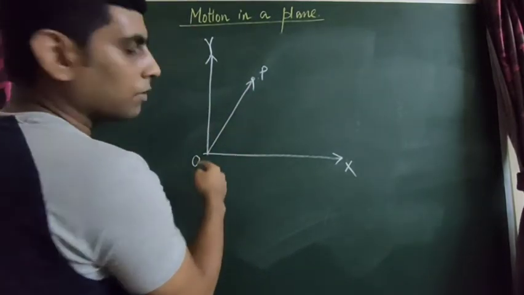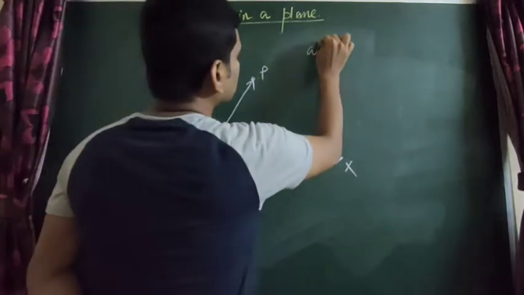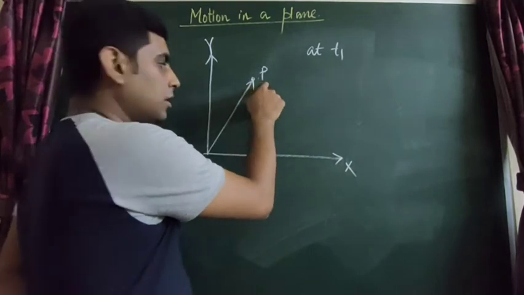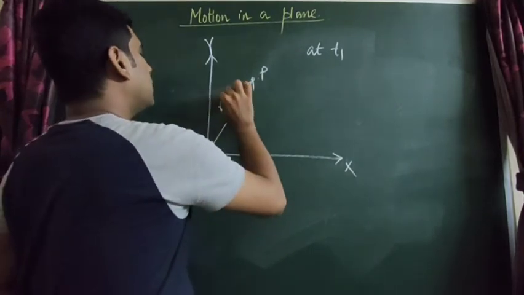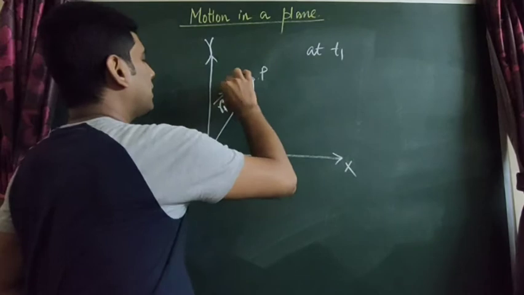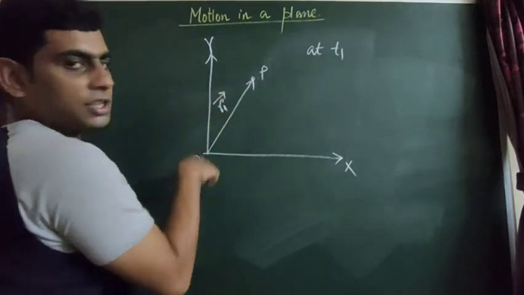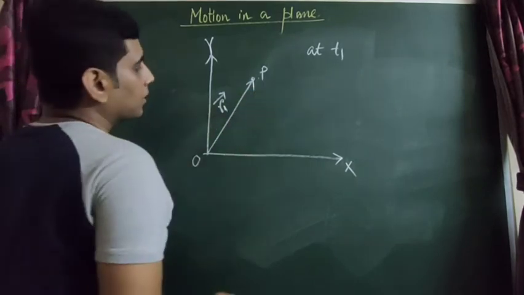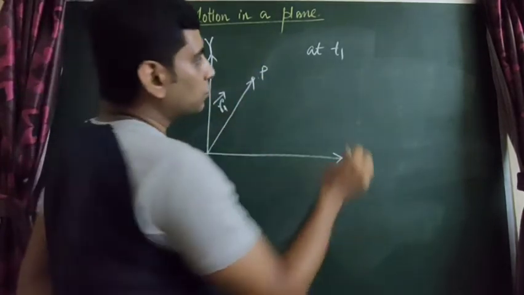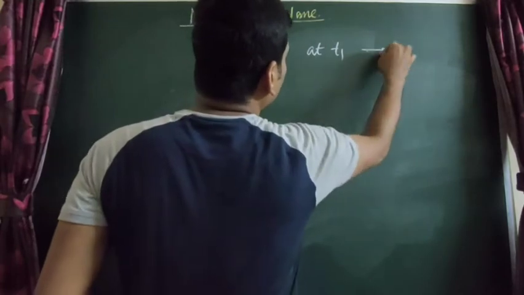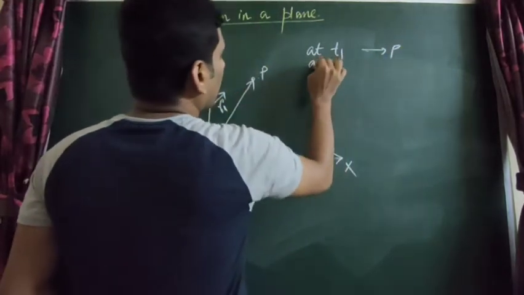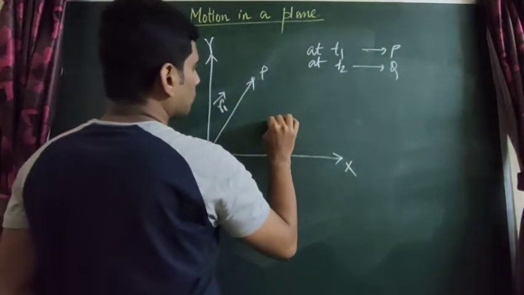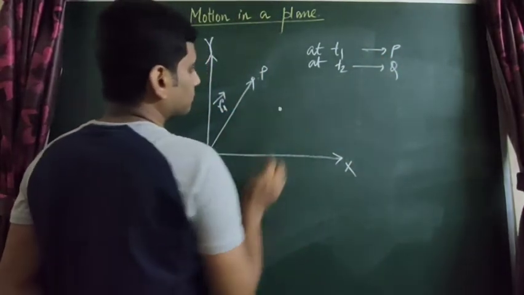Okay. Now suppose at time t1 the object has moved from the origin to P, and let this vector be given as r1, with a vector sign over it. So r1 is the position vector of point P. Suppose at t1 it was at P, and at t2 it has traveled to Q. So at t2 it has come to this point.